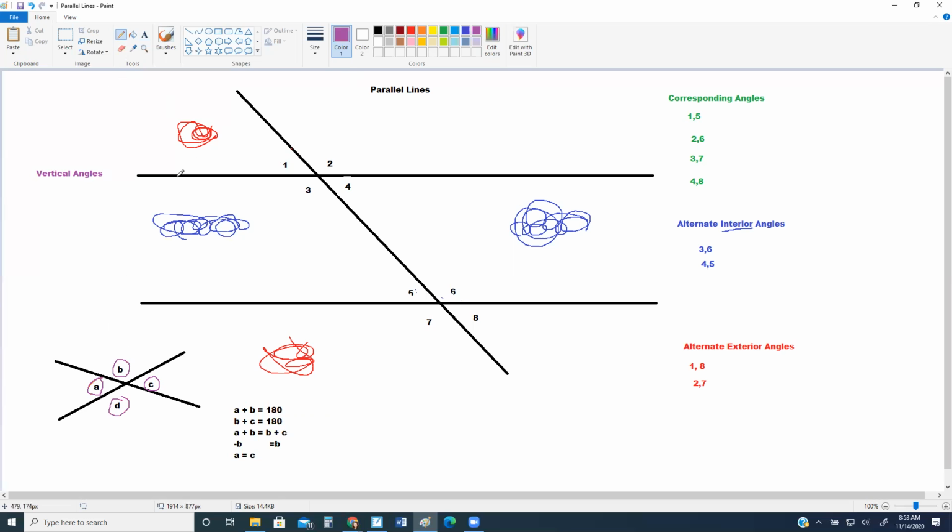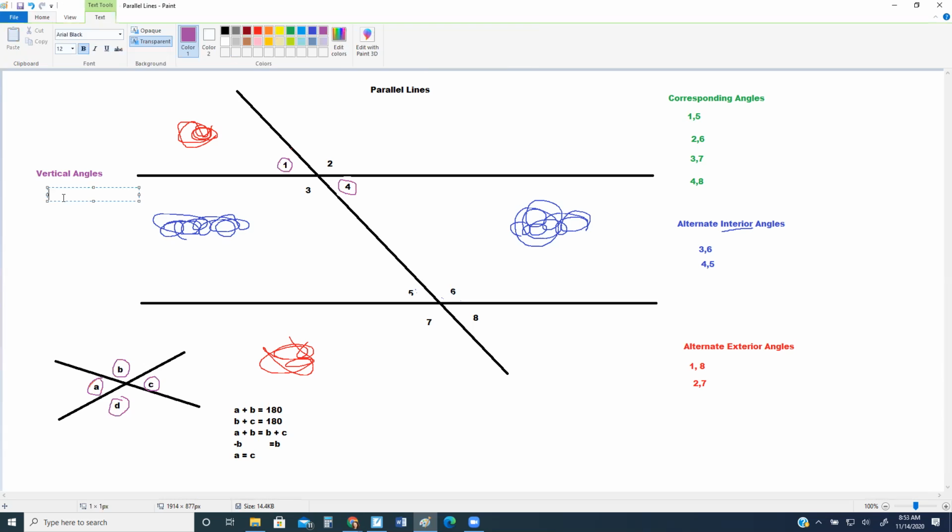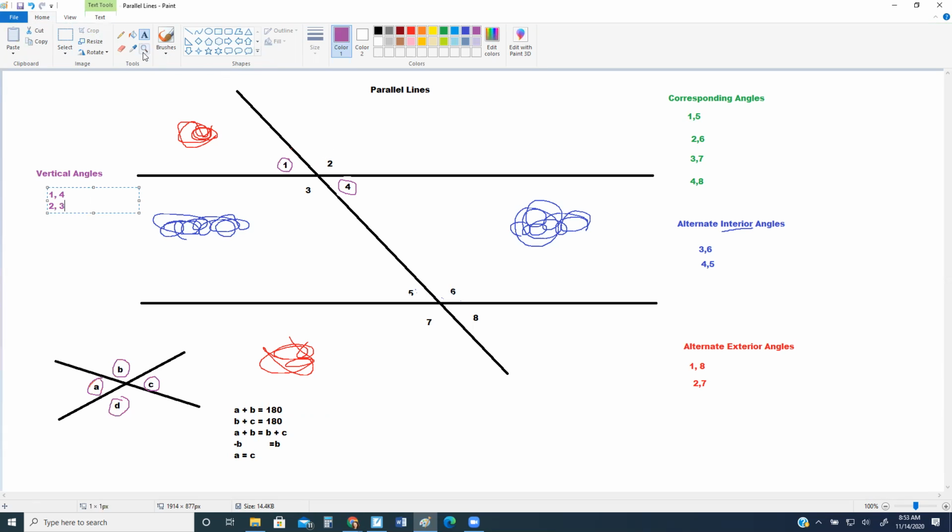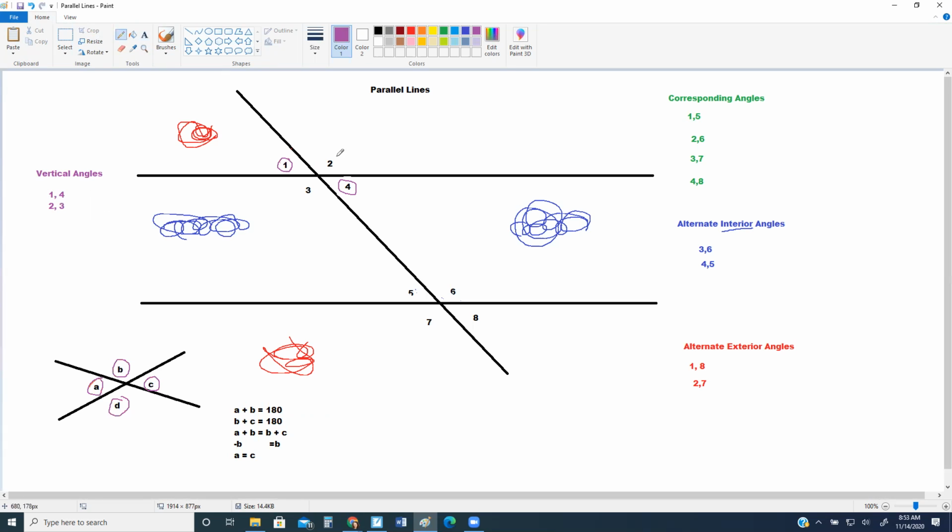So let's look up here. So we have 1. Where is 1's vertical angle? Well, it's right over here with 4. So 1 and 4 are congruent. Is there another set of vertical angles? Let's see. We have 2 and 3. 2 and 3 are going to be vertical angles.